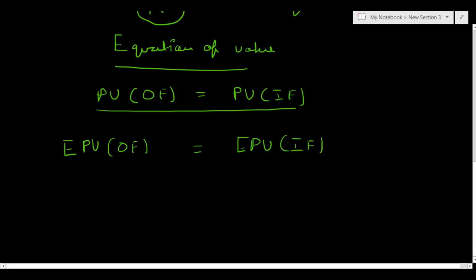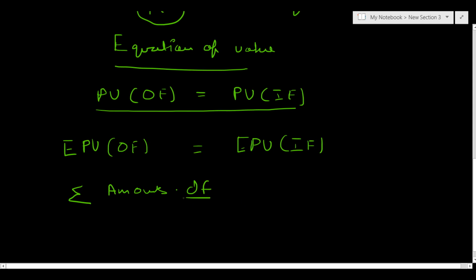How we calculate these expected present values is a subject of interest, so I will be briefing you about it right now. If I try to calculate present values, I just take the amounts I'll be receiving in the future and multiply them by the discounting factor.